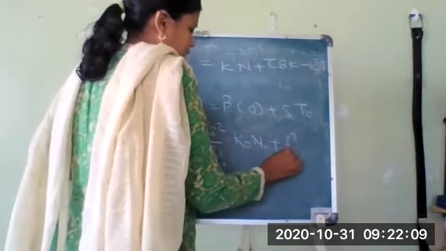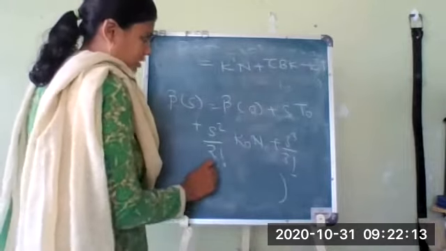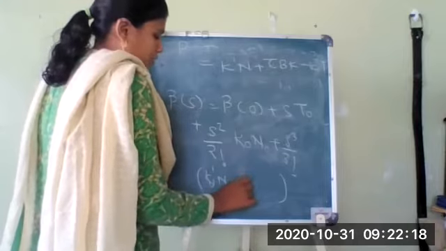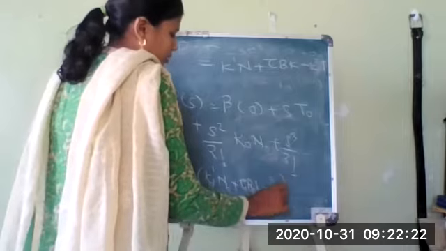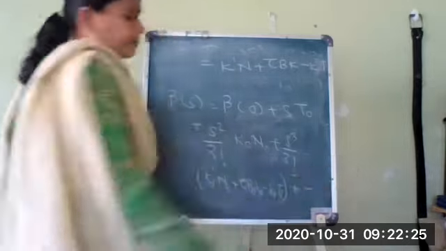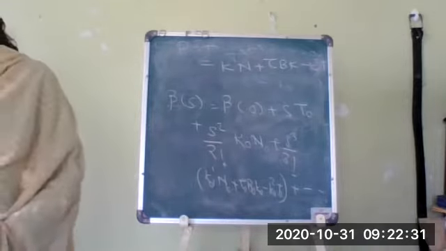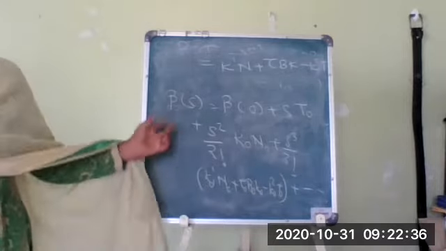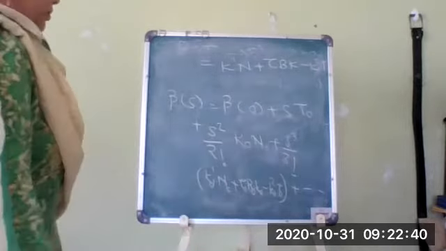Plus s cube by 3 factorial into the formula we have obtained: k dash naught n naught plus tau naught b naught k naught minus k naught square into t naught, and so on. Correct? So if beta is a Frenet apparatus of a curve near s equal to 0, then we can write this equation.